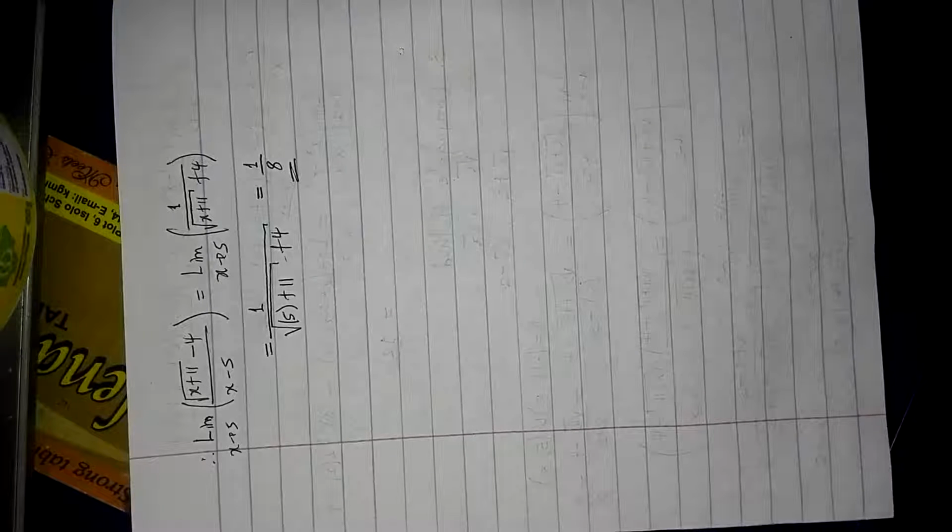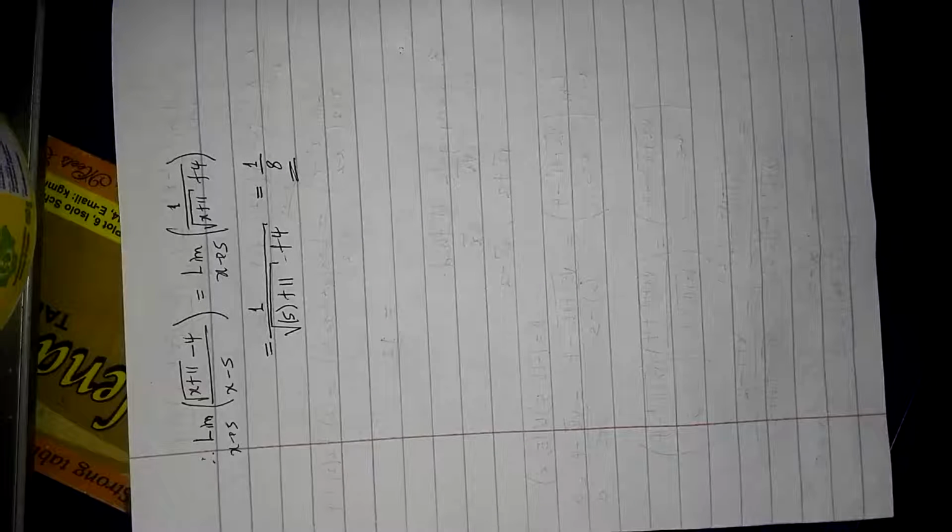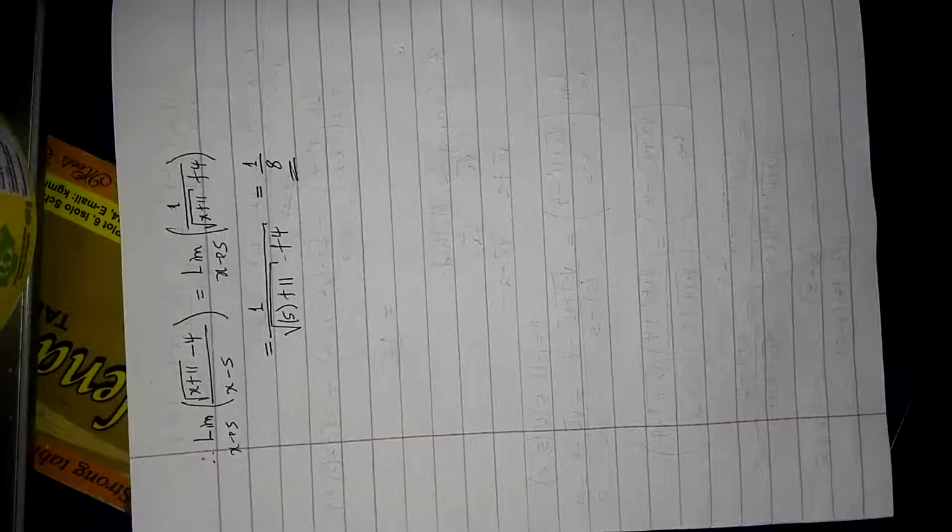For instance, if you have a limit approaching infinity, and at the end of the day you get the indeterminate form infinity over infinity, how can you work around that? How can you evaluate limits at infinity?